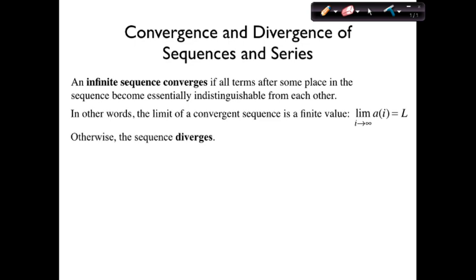If this doesn't happen, then we say the sequence diverges. So there are two main ways that a sequence can diverge. Either the values just keep getting bigger and bigger, negative or positive, or the values just keep jumping around. They're not honing in and getting particularly close to some limiting value.